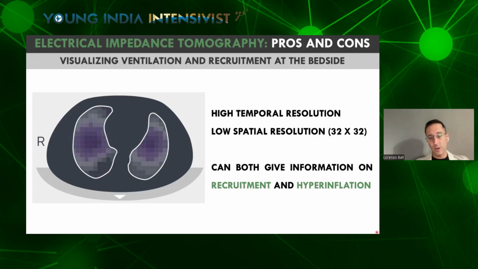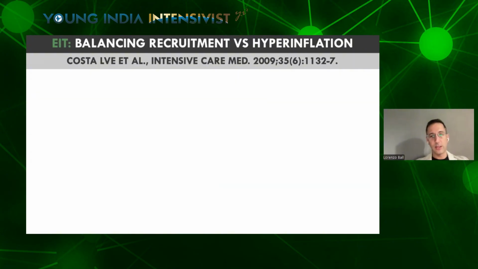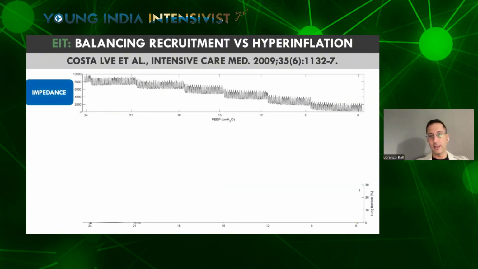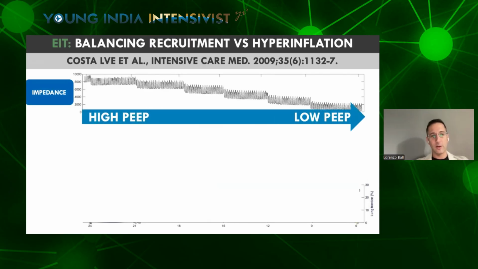One of the ways in which this technique was used is to study the effects of a decremental PEEP trial. We see in this image a decremental PEEP trial in which PEEP is decreased from a certain high PEEP, in this case 24 centimeters of water, to low PEEP, in this case 6.